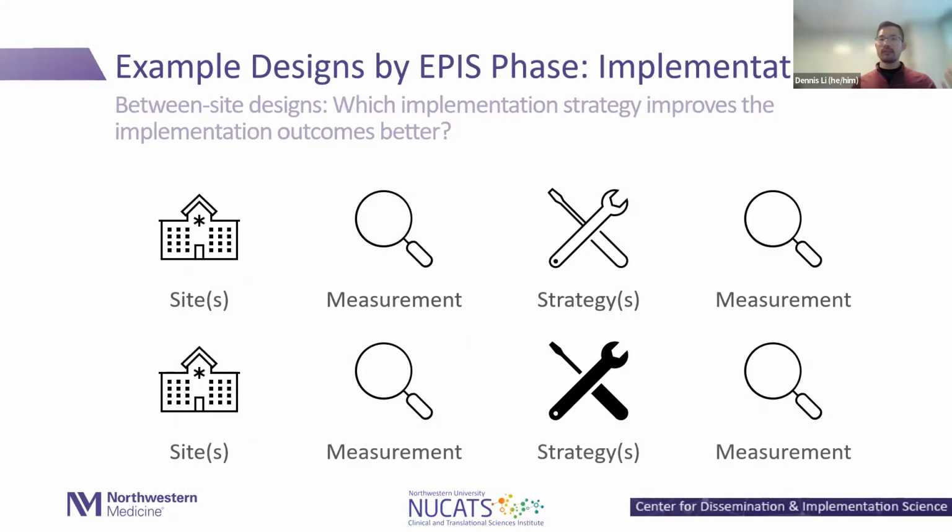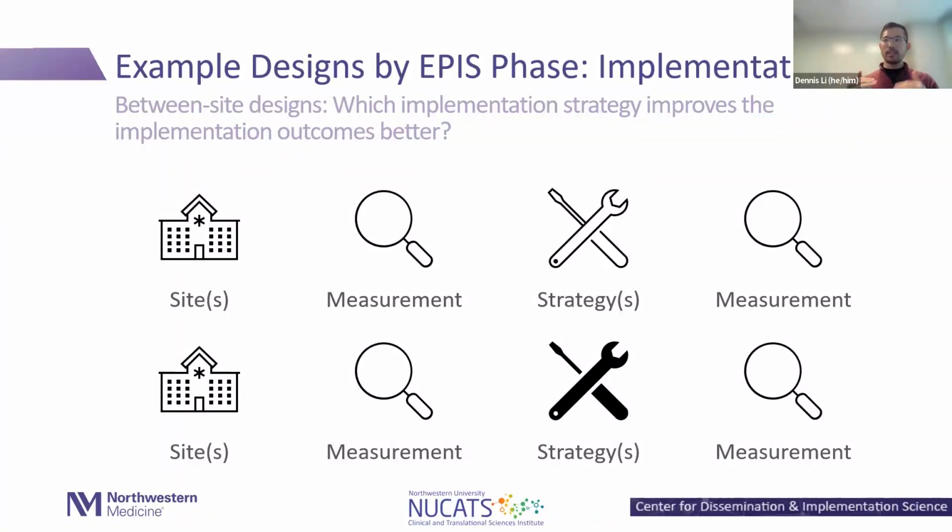Then there's a whole level of between site designs. This is the only slide I have on that. Between site designs answer the question of which implementation strategy improves the implementation outcomes better. And here you can consider usual care as a second implementation strategy. So maybe the top level, the white level of strategies, that's usual care.